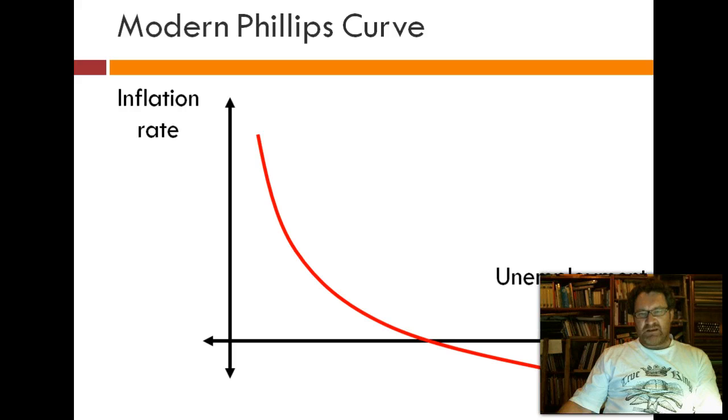So we would then say that policymakers can choose between high inflation with low unemployment, or low inflation with high unemployment. It's really up to them. Then it just becomes a question of which of these two is the lesser of the two evils.